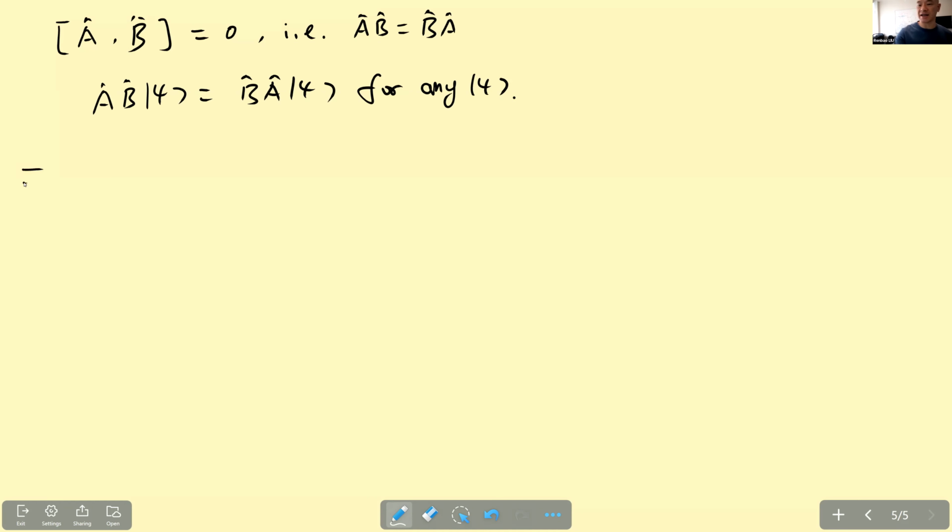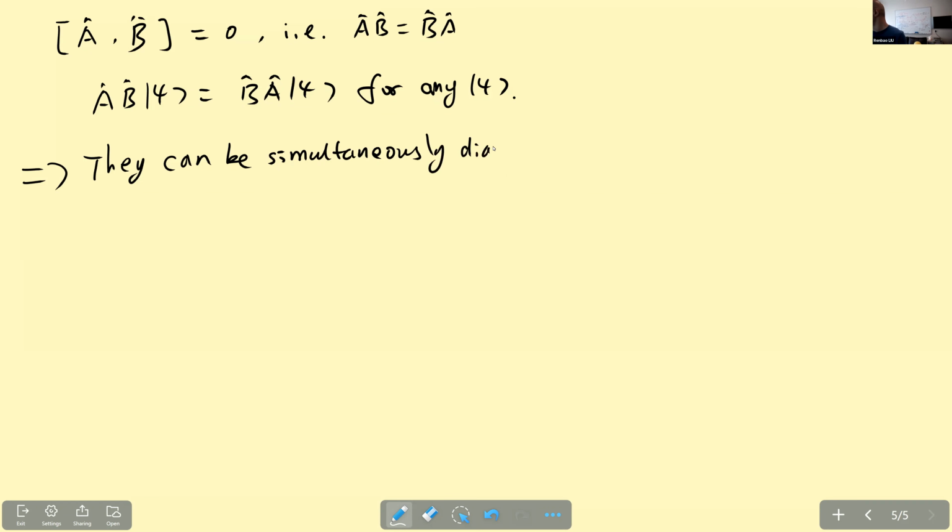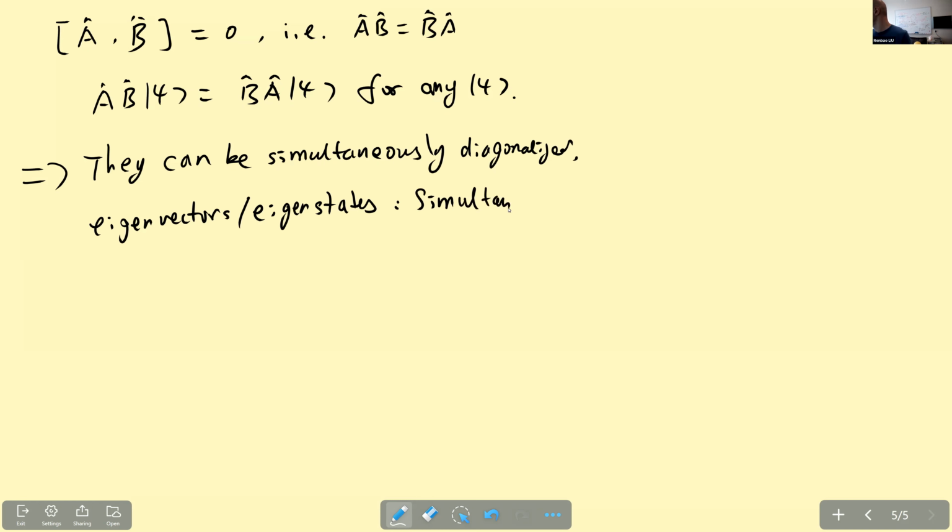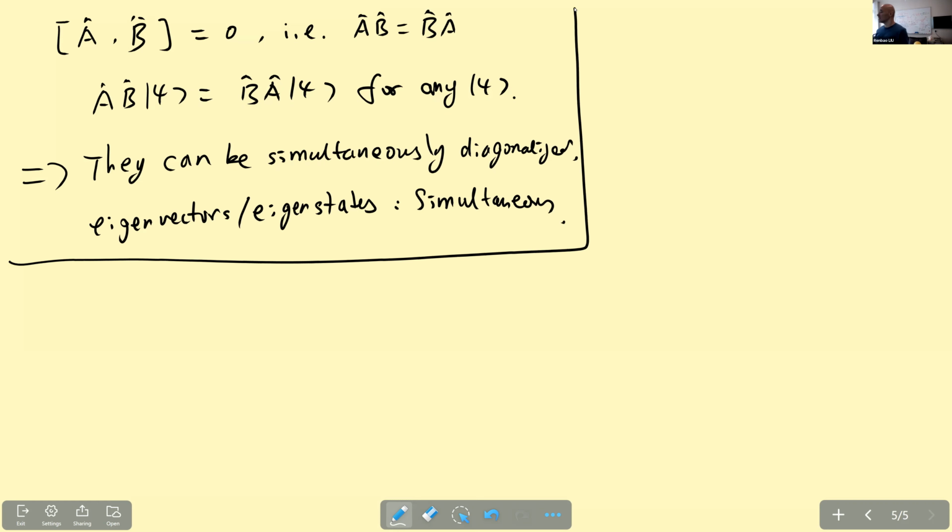So now the conclusion is that they can be simultaneously diagonalized, and the eigenvectors or the eigenstates are called simultaneous. This is the thing that we're going to prove a little bit.